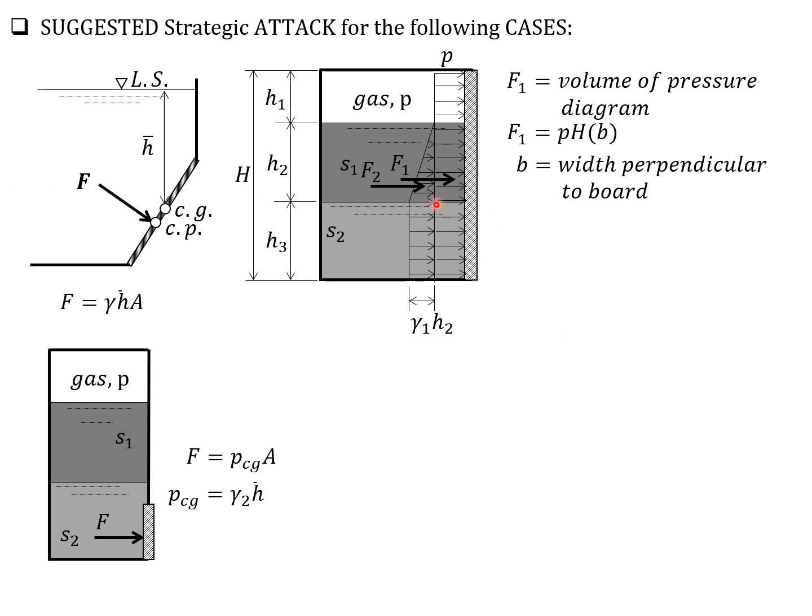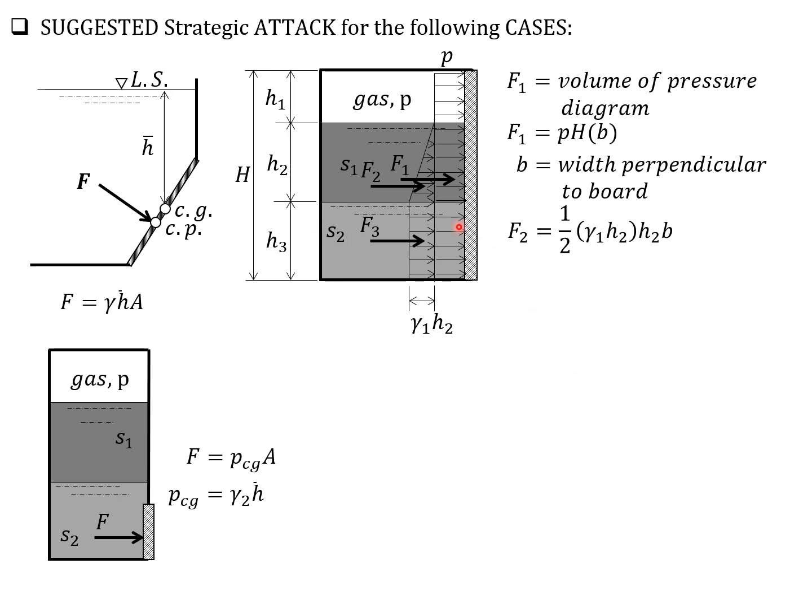And the force is called F2. It is equal to the volume of this pressure diagram. So it is 1/2 of gamma 1 H2 times height H2, then times width perpendicular to the board B, so that you can easily locate its location. It is the centroid of this triangle, which is 1/3 of H2 from this interface.